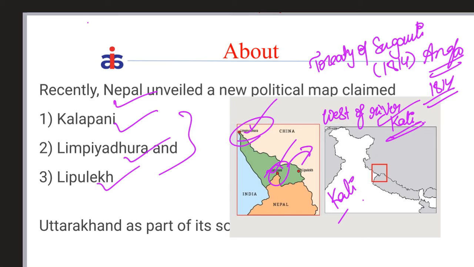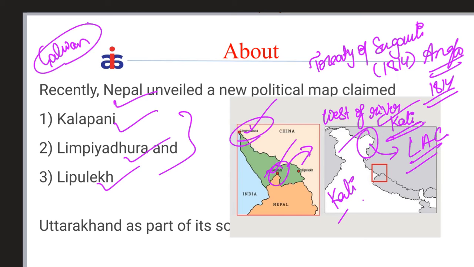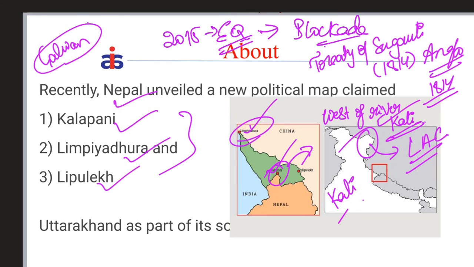Now why is this issue so important? In the aftermath of the Galwan crisis, that is, the Indo-Chinese tensions that we have seen in the region called Aksai Chin and the border called the Line of Actual Control, it is important to understand that after the 2015 Nepal earthquake, which was followed up with a blockade imposed by the Indian government to stop all sorts of goods from reaching Nepal, Nepal from that point of time has been inclined towards China.